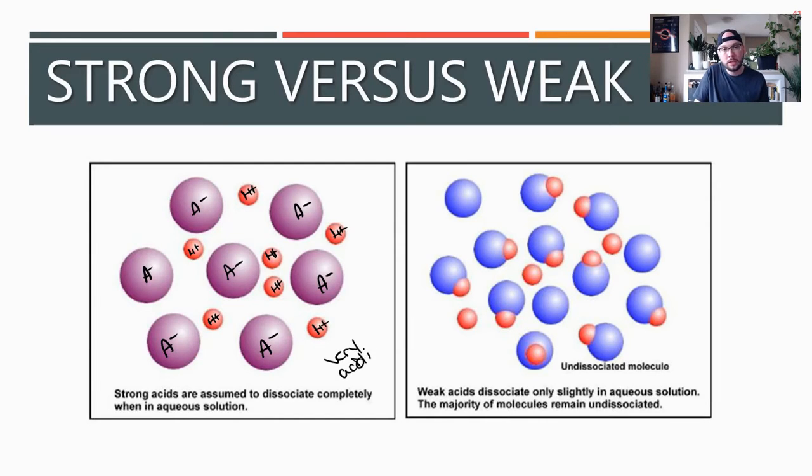Now, in this one, we can see, yeah, there is some H+, but mostly molecule. This one is the ion form, ions there. But we can see that there's a big difference. On the left-hand side, we can see that it's only ion form, but on the right-hand side, we see mostly molecules still, and there are a couple of ions floating around. Okay, so it means that there's much less hydrogen. Much less hydrogen means it's a much weaker acid.